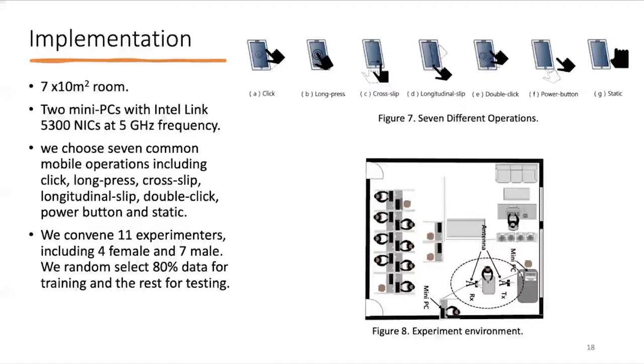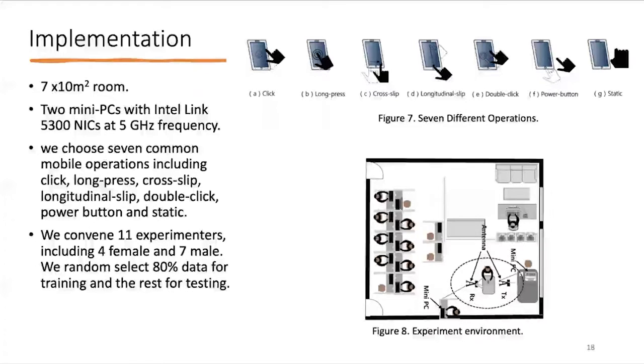Here we choose 7 different operations on the smartphone, including the click, the long press, the horizontal sweep, the vertical sweep, double click, press the power button, and the static. And the hardware includes 2 mini PCs with the Intel 9CS.